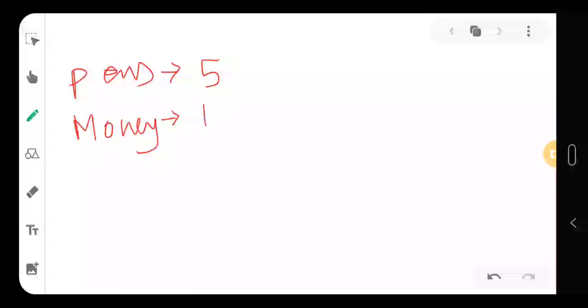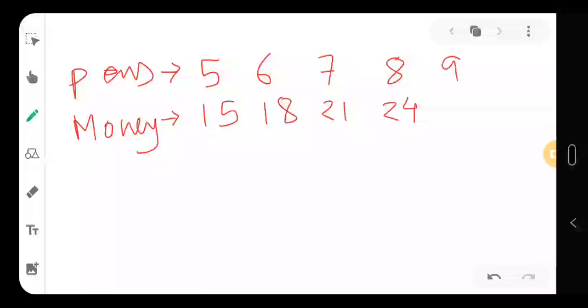So 5 pens 15, 6 pens 18, 7 pens 21, 8 pens 24, and 9 pens 27, and so on. So you can see that just like pens are increasing, the money is increasing also.